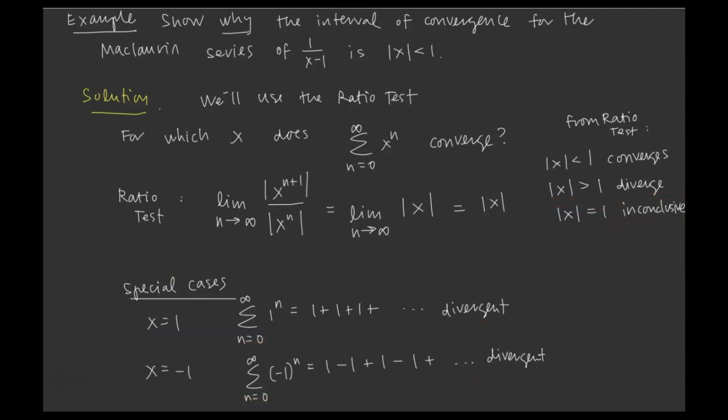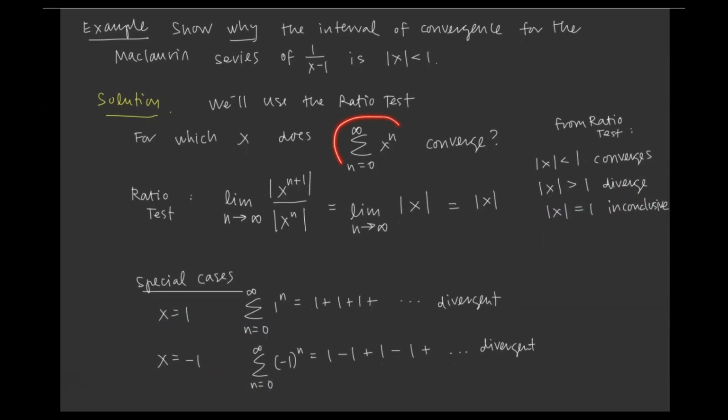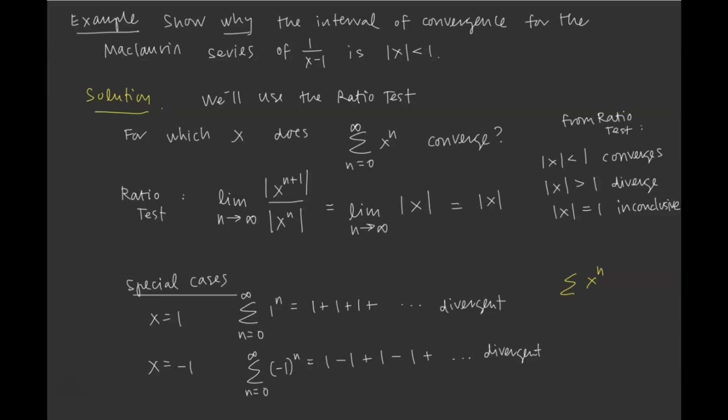So the only time that this series converges is at these points right here. So the series x to the n from n equals 0 to infinity converges for the absolute value of x less than 1. This is why we say that the radius of convergence for this Maclaurin series is absolute value of x less than 1.